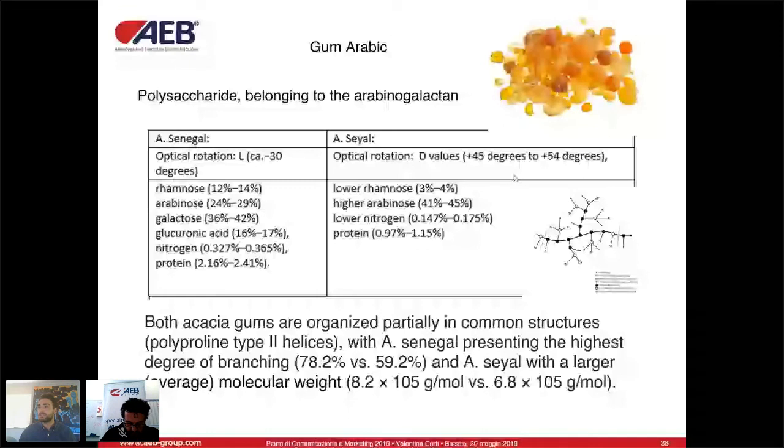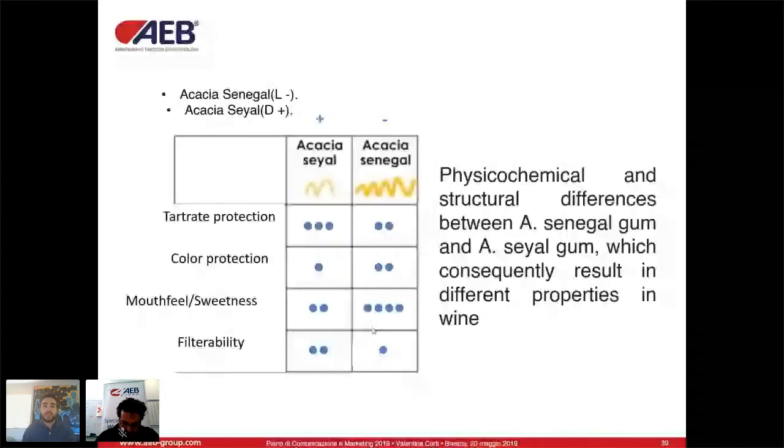As you can see, here is the common structure, the black part, while the branching is the white part. So they differ in the degree of the branching and the sugar concentration that they have in their branch, and they differ in the molecular weight. So they have different physicochemical and structural properties, and therefore it results in different abilities in the wine.